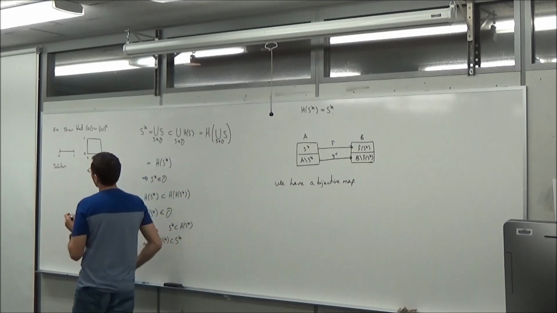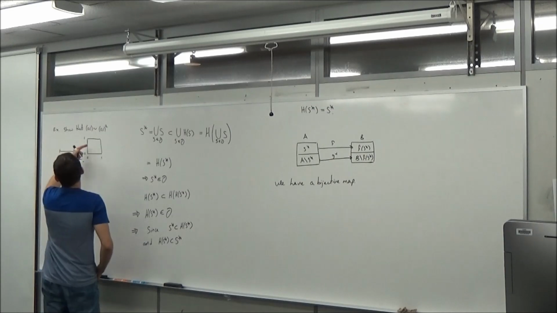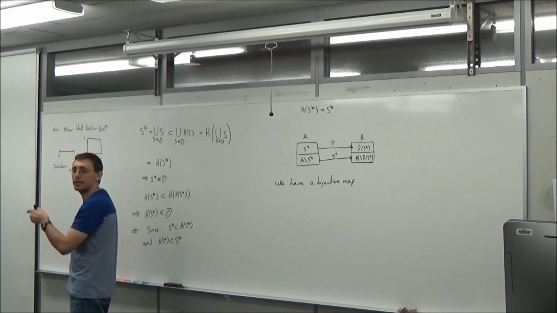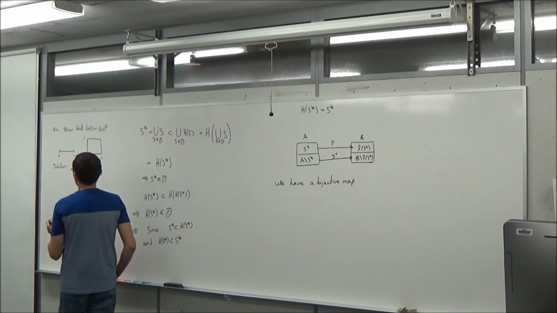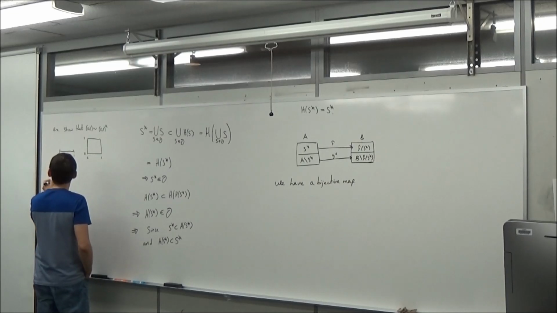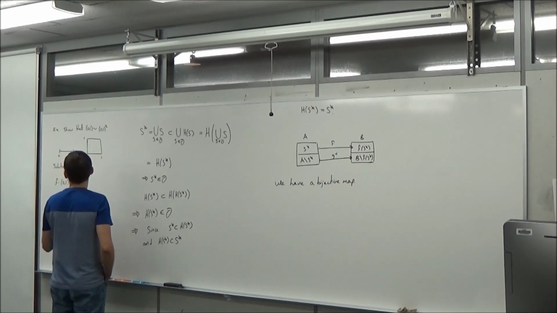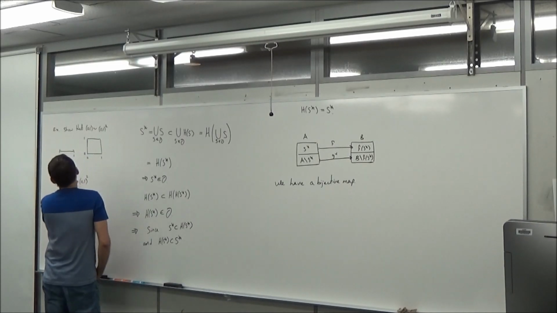So solution, all we need to do is exhibit an injective map from one set to another and an injective map in the other direction. So first let's take a function f from 0, 1 into the square. We can define it simply by identity.